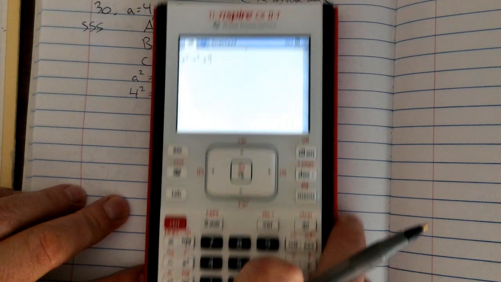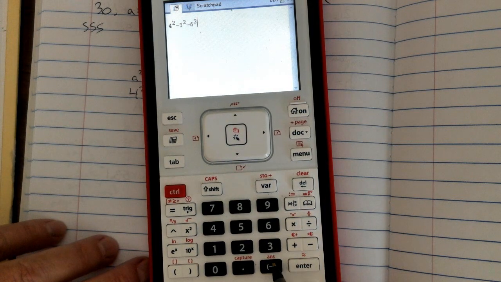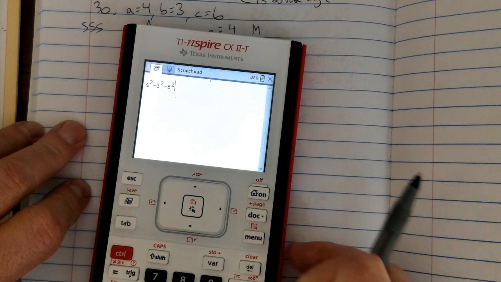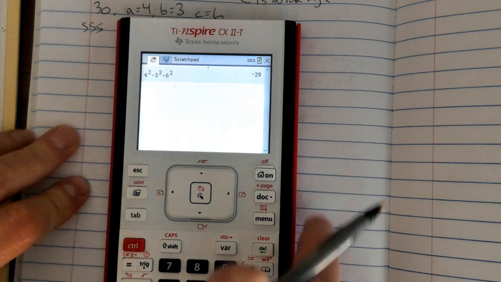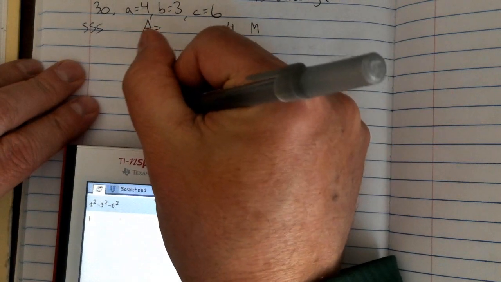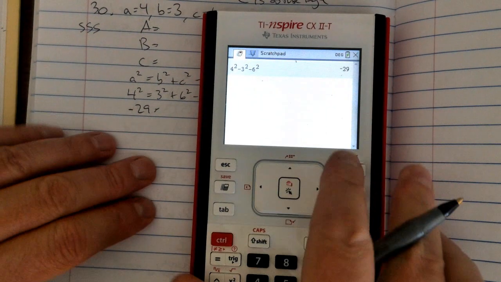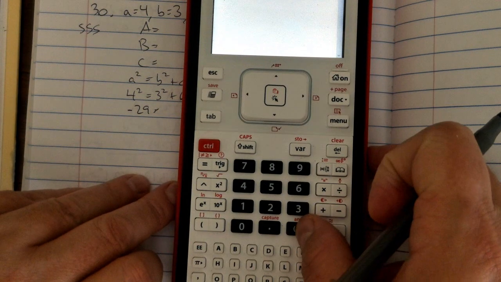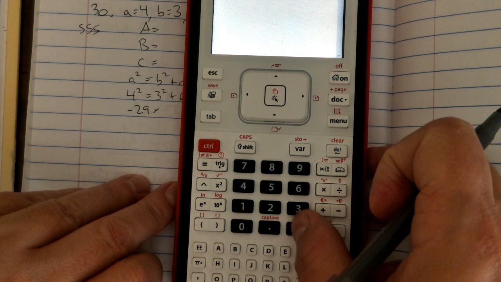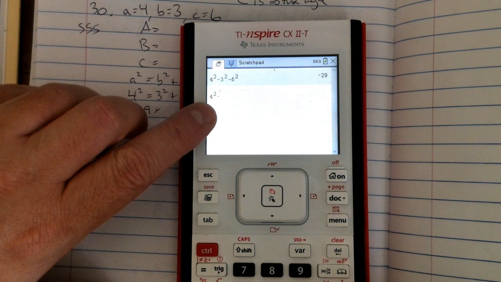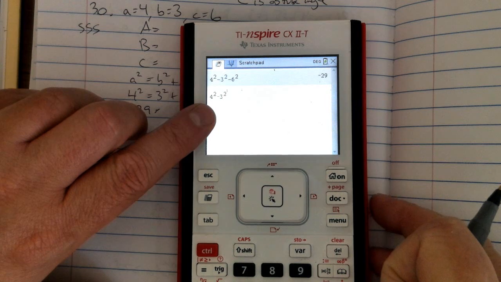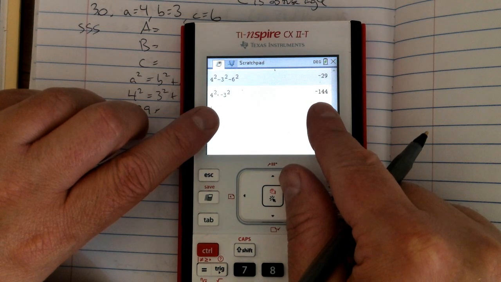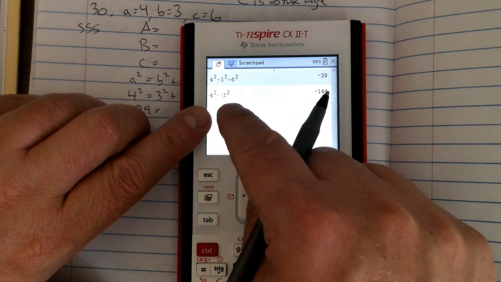And make sure you use the minus sign, not this. It would give you an error. Let me just demonstrate that error. So first off, I'd get negative 29 equal. If you use this other thing, 4 squared, and then you say this little negative sign, just like that, it gives you a number, but that's not right because it changed to a times and a negative.